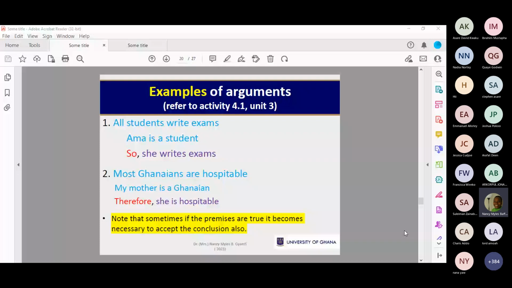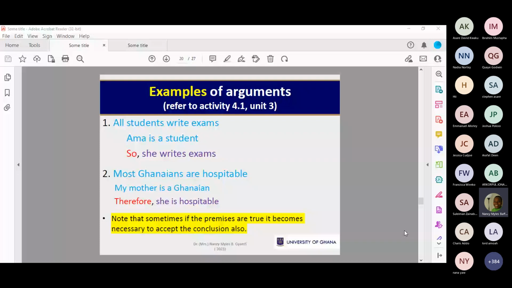So if all students write exams, that thing is not necessarily true, because not all students write exams, mind you. Some don't, some just do a defense. They are students, but they don't write exams. So it is not actually true per se, but that's not our concern. We were saying if we were to take it to be actually true, that all students write exams, that's the first premise.